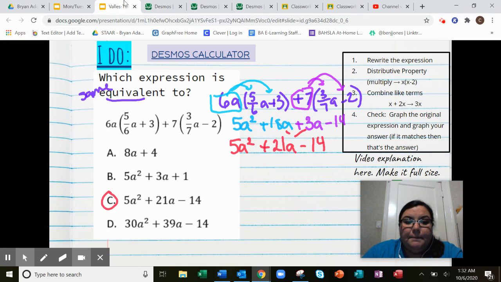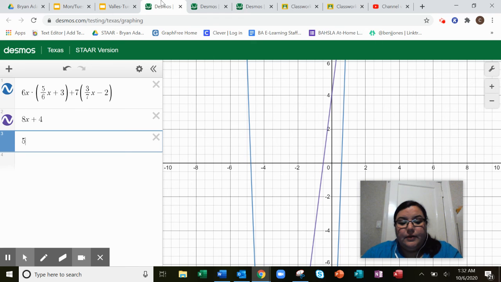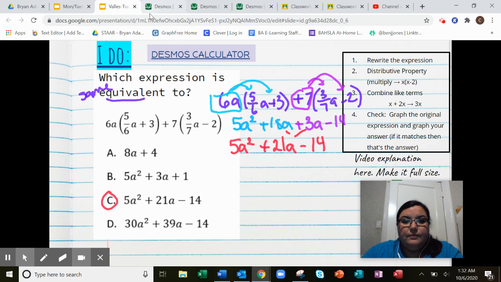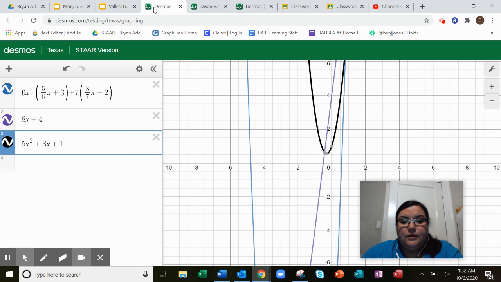If I type in B, 5x to the power of 2 plus 3x plus 1, again, that one in black was nothing similar to the blue one. Okay, and that's how you can also approach this question.